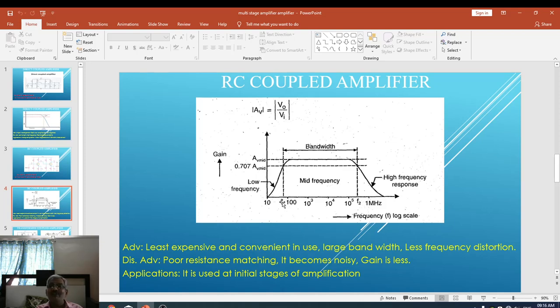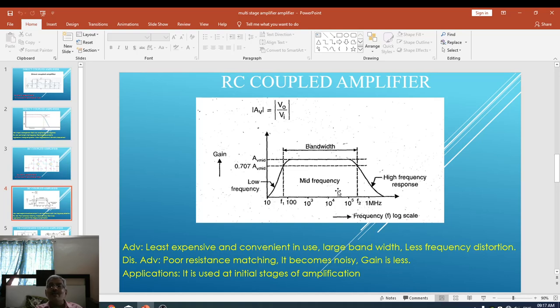After this frequency, even though the input frequency is increased, the gain remains constant. Look here. The frequency region within which an increase in frequency keeps the gain constant is known as the mid-frequency region.